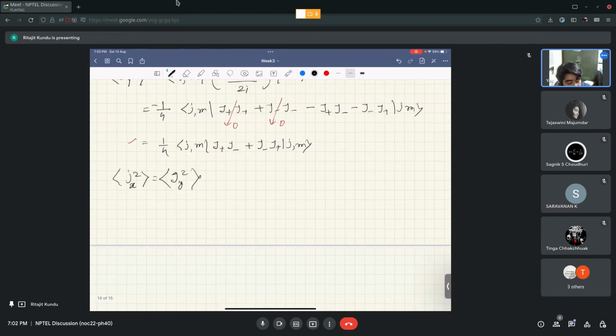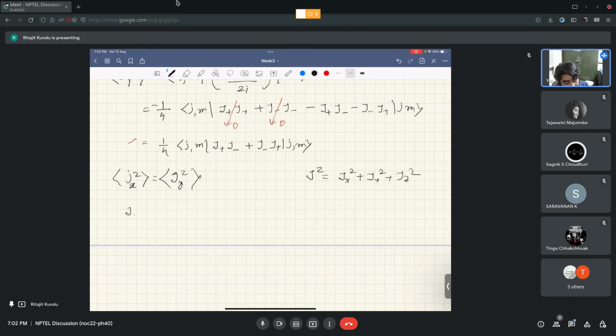As you know, j square is given by jx square plus jy square plus jz square. I know the eigenvalue equation of j square and the eigenvalue equation of jz. I will try to reduce these expectations in terms of those things only. So how do I do that?